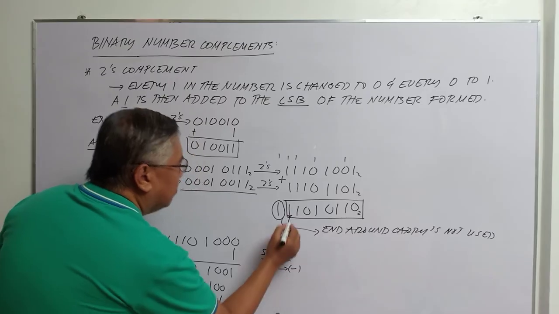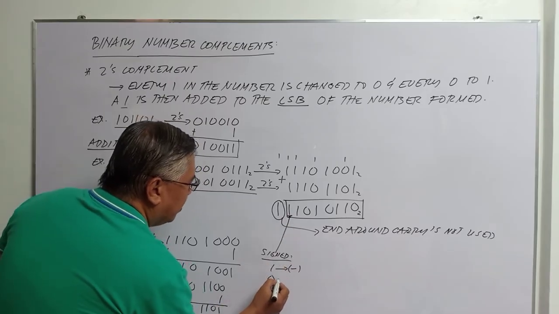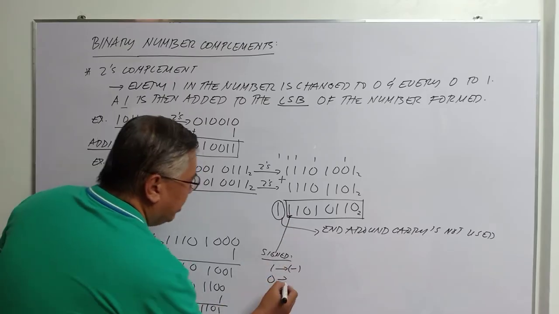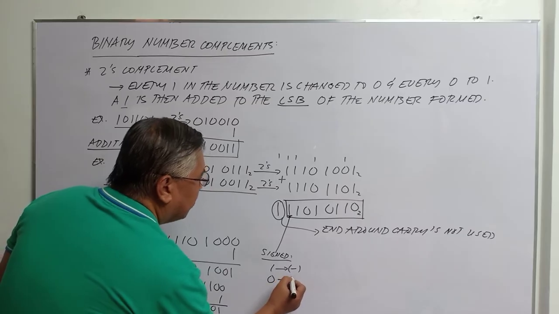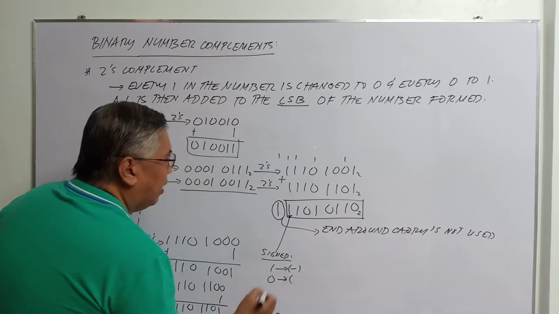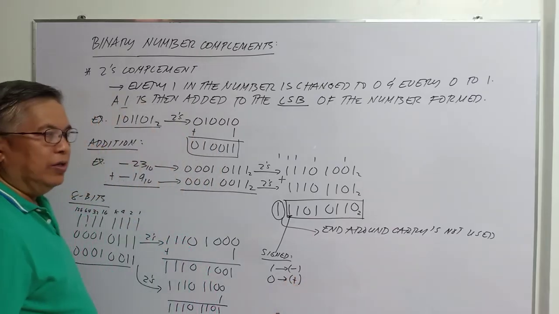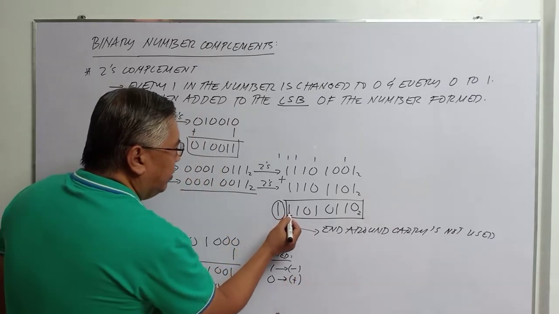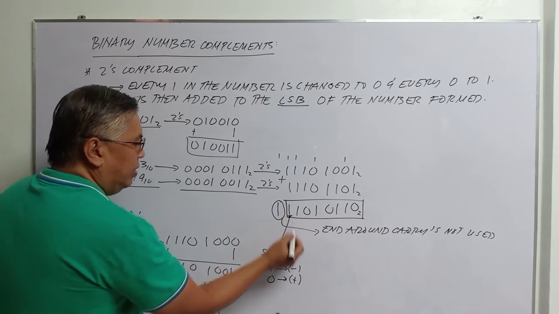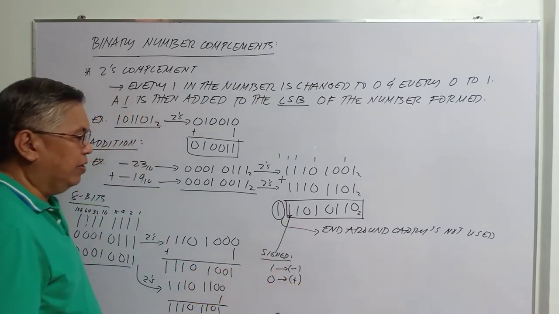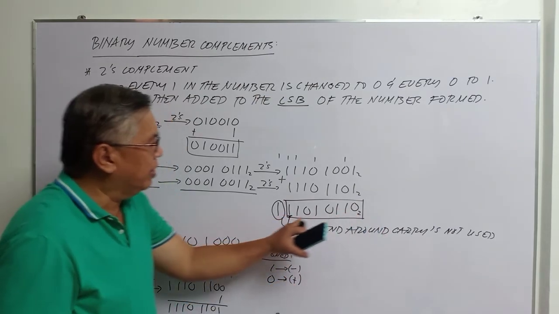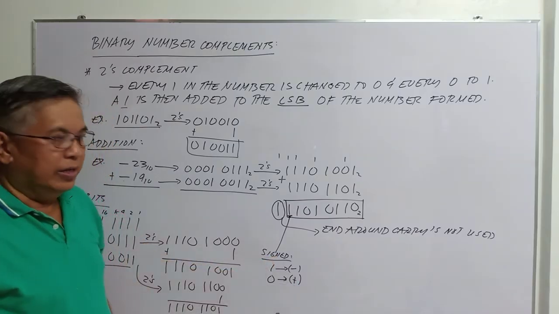If the most significant bit is 0, then that number is a positive number. So in this case, since the most significant bit is 1, this value here is a negative number.